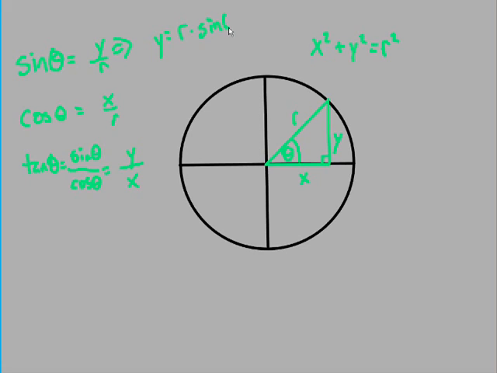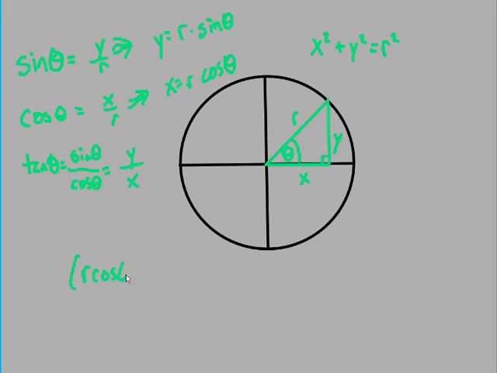So this means that y is equal to r times sine of theta. And this double arrow thing is an implies symbol. This says that x is equal to r cosine theta. And tangent we don't really care about right now. You see that that's actually sine over cosine, which we already have there. So now substitute these values into the Pythagorean theorem over here on the right-hand side. And what do you get?